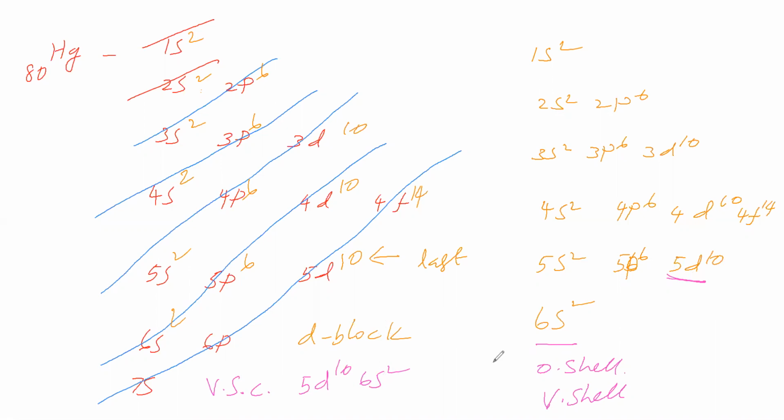So the valence shell configuration and outermost shell configuration are not equal, therefore it is not a representative element.